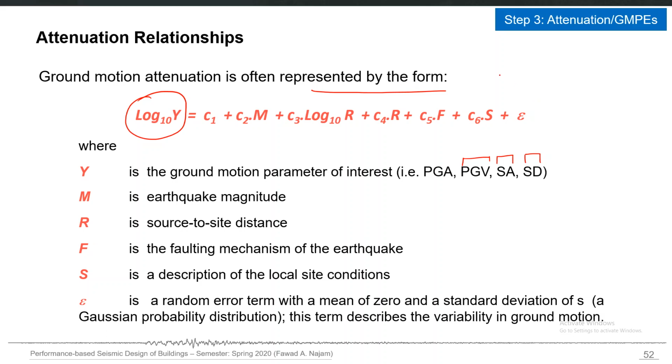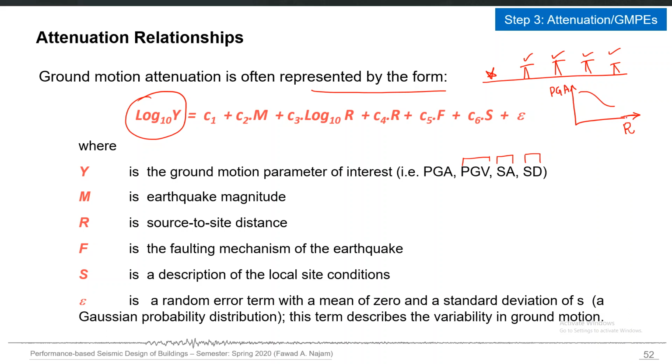So if you have, for example, the location of a particular epicenter, and you have seismic stations installed at different source to site distances, then you can check the PGA for the same earthquake event, for the same magnitude. You can check the PGA recorded at different stations, and finally you come up with a curve where the distance is on the x-axis and the PGA value is on the y-axis.